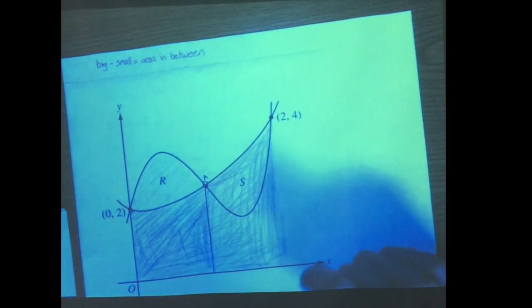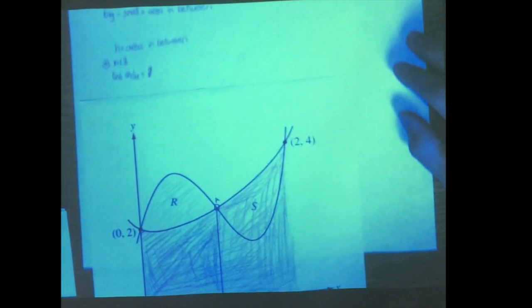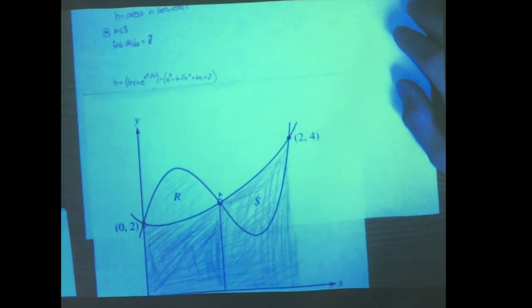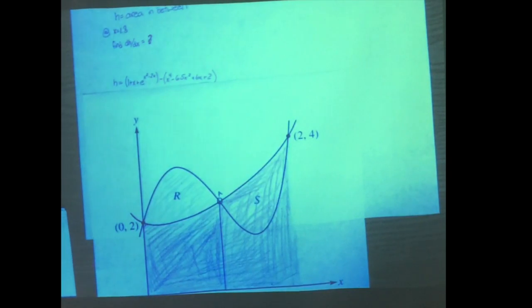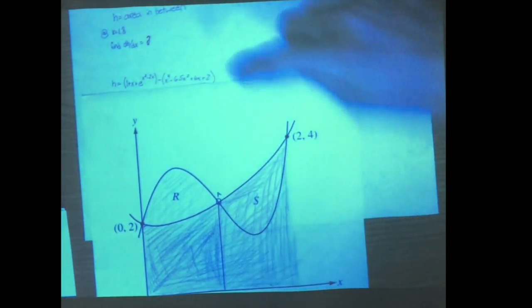We have a base equation of h equals 1 plus x plus e to the x squared minus 2x, minus, parentheses, x to the fourth minus 6.5x squared plus 6x plus 2, close parentheses, which tells us the distance between the graphs in section S at any value of x from point A to 2.